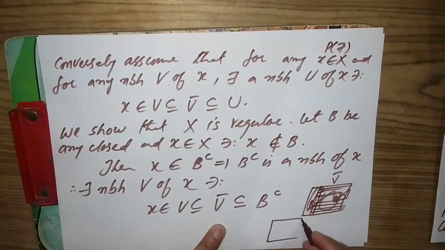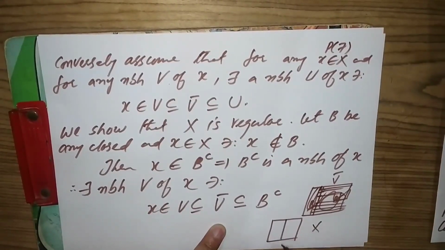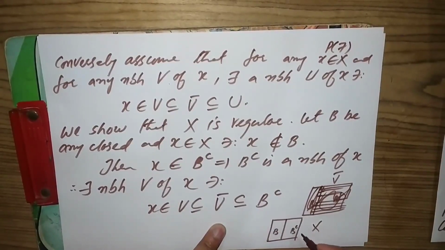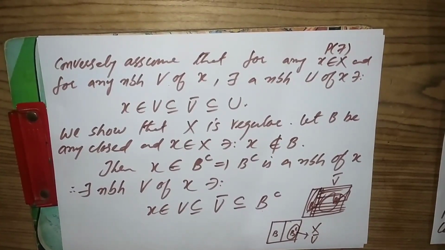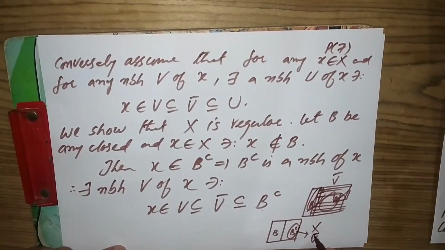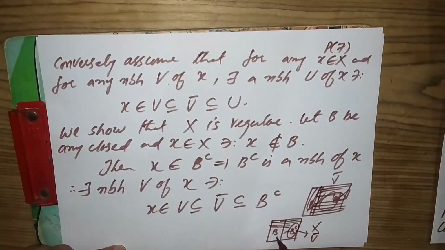So that's the space X, that's B, and this is B complement, and B complement contains V closure. Now what's the complement of V closure? It contains B, because the complement of V closure holds this portion.